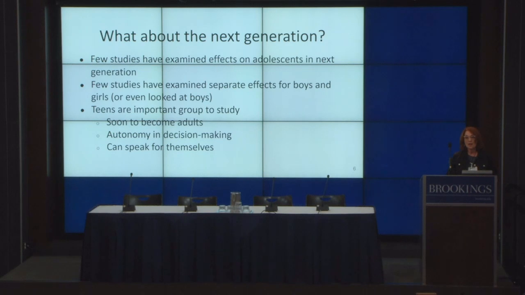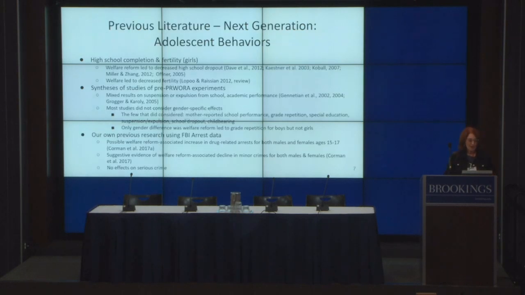They have more autonomy in their decision making, and they can speak for themselves, which was something that we wanted to look at rather than having their mothers report on what they were doing, particularly for some sensitive areas like drug use. We thought we'd go with what the kids said. If any of you have teenage children, they're probably not giving you the most accurate information on what they're doing.